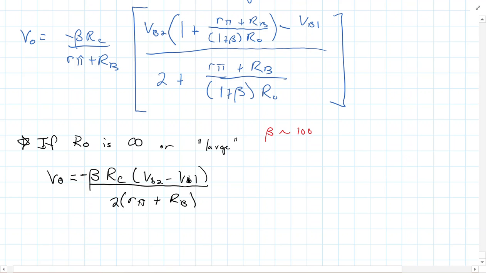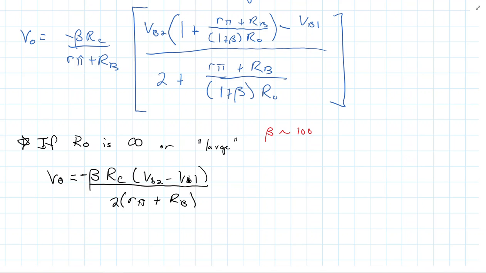So you'd have kiloohm divided by megaohm. That's essentially 0. So this is a valid assumption no matter how big RO is. We don't even have to assume it's infinity; we can just assume it's, quote, large.